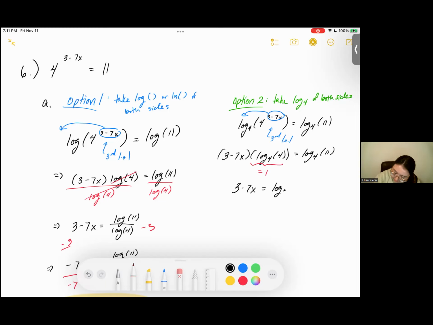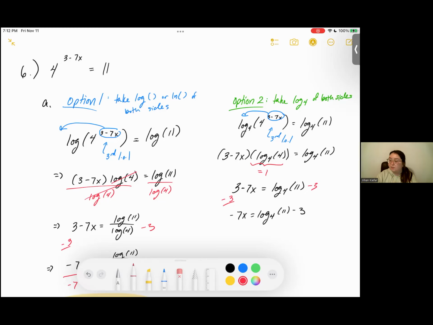So we have 3 minus 7x is equal to log base 4 of 11. We want to solve for x. We can subtract 3 from both sides. We get negative 7x is equal to log base 4 of 11 minus 3.